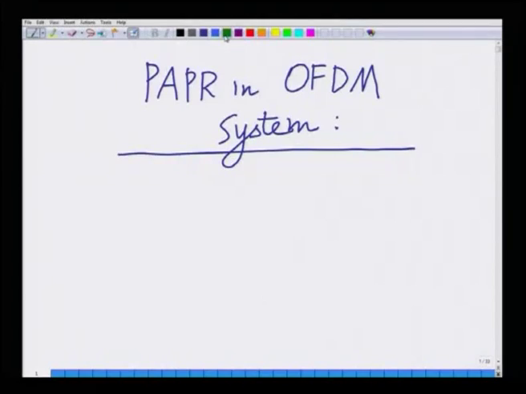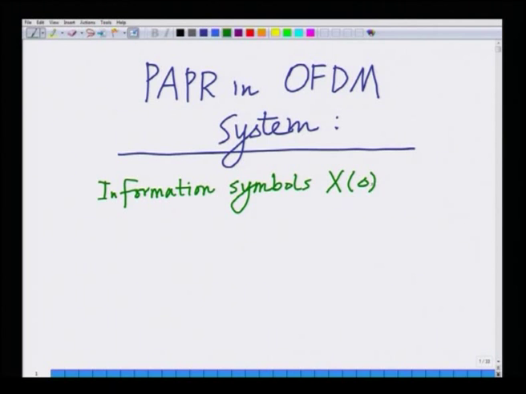All right. So, in an OFDM system, the information symbols x0, x1, x2, let the information symbols be given as some plus or minus a, plus or minus a, plus or minus a, and so on.